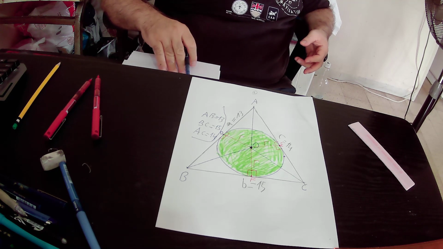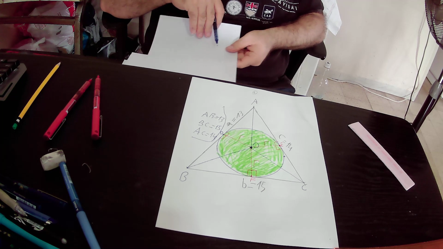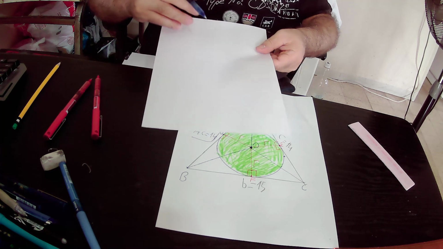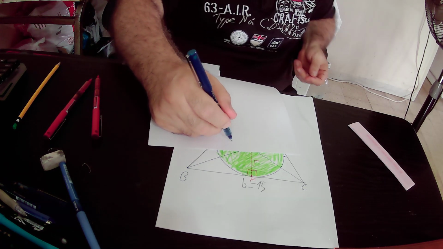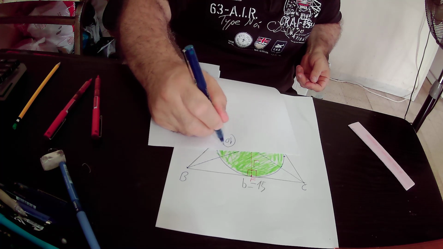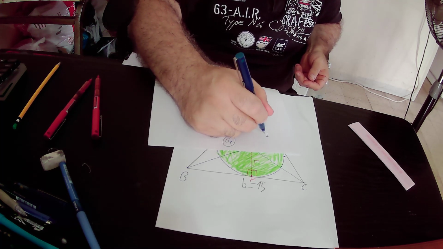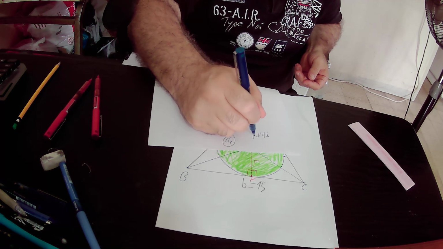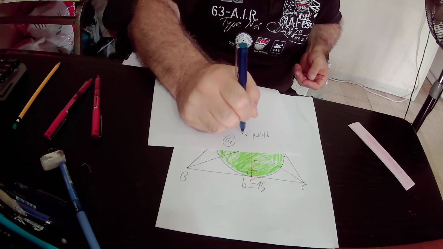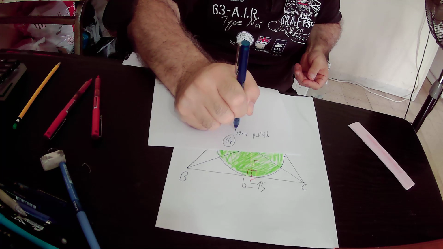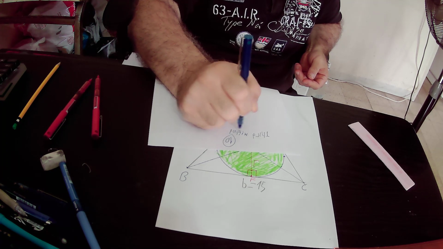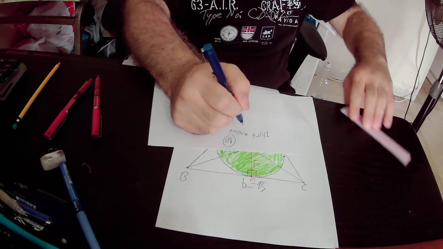Okay, now I will present you the third way that we can find out the area of triangle ABC. Okay, the third method to find out the area of triangle ABC.